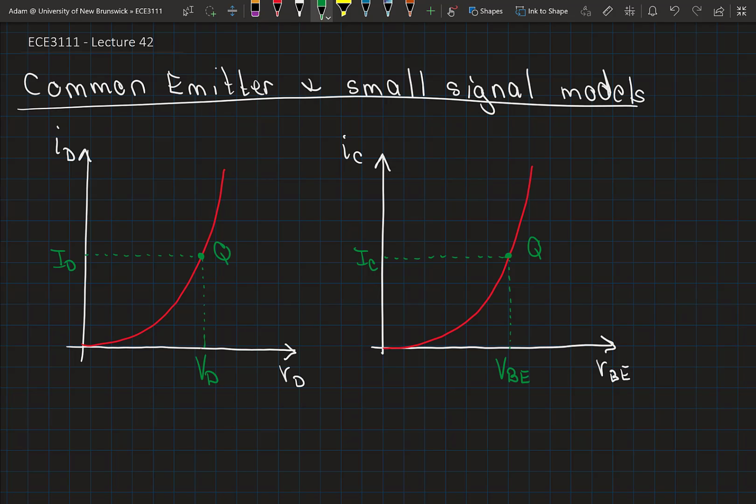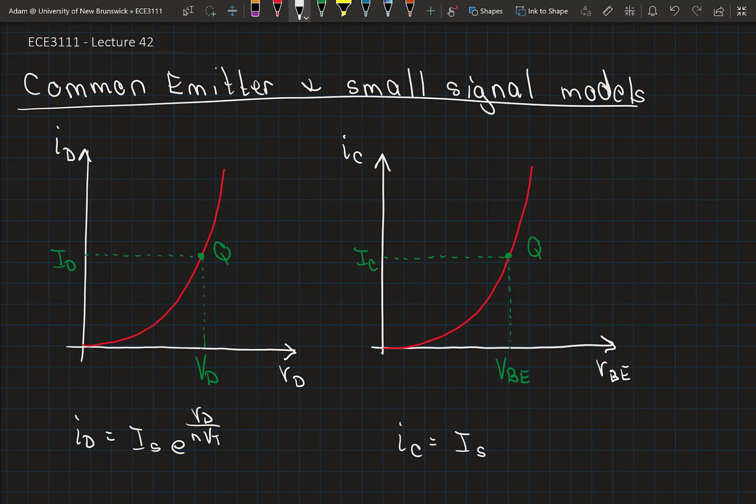And just like with the diode, where we said the total diode current is a function of our saturation current and our total diode voltage, both the large signal and the small signal component, the same is true for our total collector current.